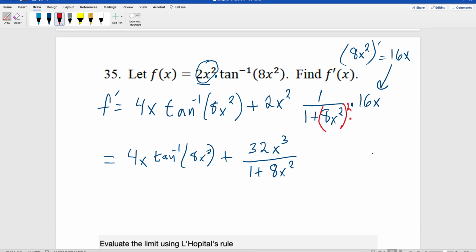No, it's 8x squared. So when we square it, 8 becomes 64, because 8 times 8, and x squared becomes x to the fourth. That's where exponent rules come in, because you multiply exponent to an exponent. So you'll have to use these. Thank you. Now we're good.